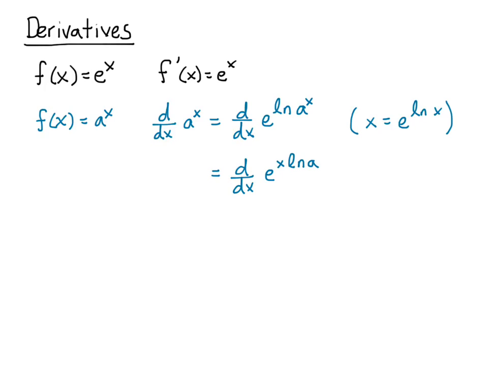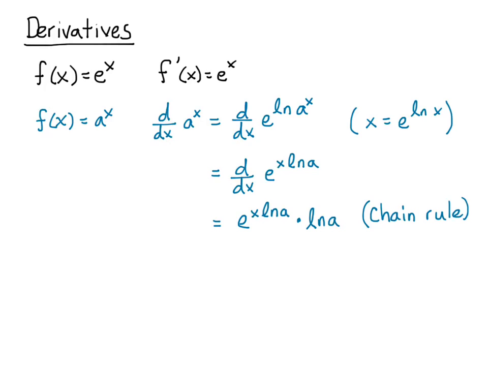And so if I use the properties of the natural log and bring that x out in front of the natural log of a, what I can do now is use the chain rule to take the derivative. First, I keep the original function, and then I'm going to take the derivative of x ln a.